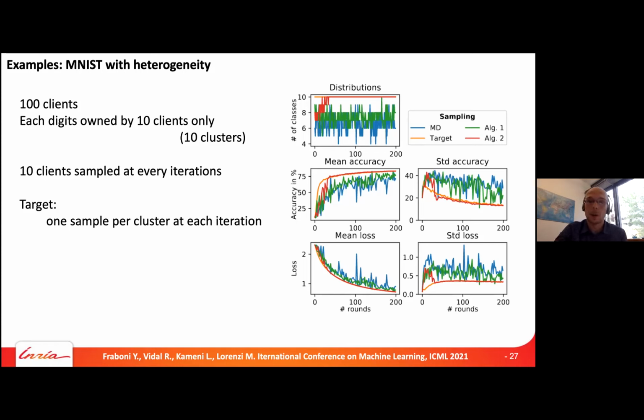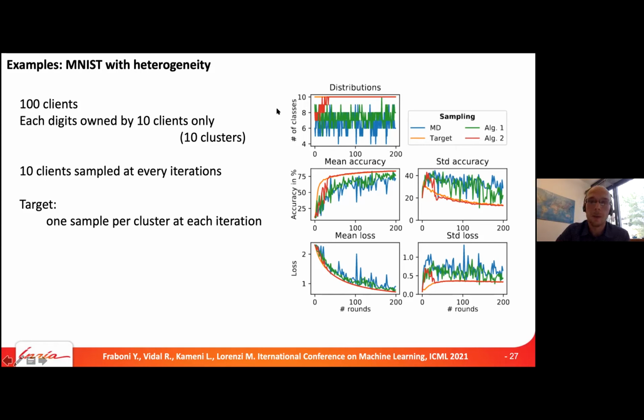And so you can see, this ideal strategy, target, is the orange one. And then we have MD sampling, which is the blue one, and the two algorithms that I showed. The green one is based on the representativity, and the red one is based on this similarity.